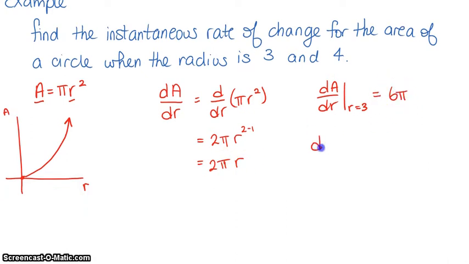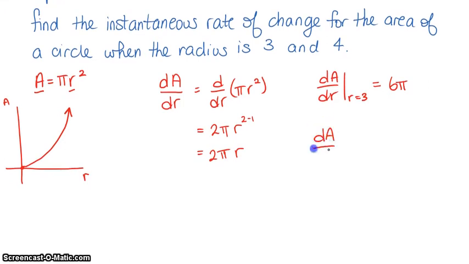We also want to find dA/dr when our radius is equal to 4. So 2 times 4 is 8, so 8 pi. If we were to look at our graph, and we have a point here for 3 and a point here for 4, we're basically looking at the slope at 3 versus the slope at 4.